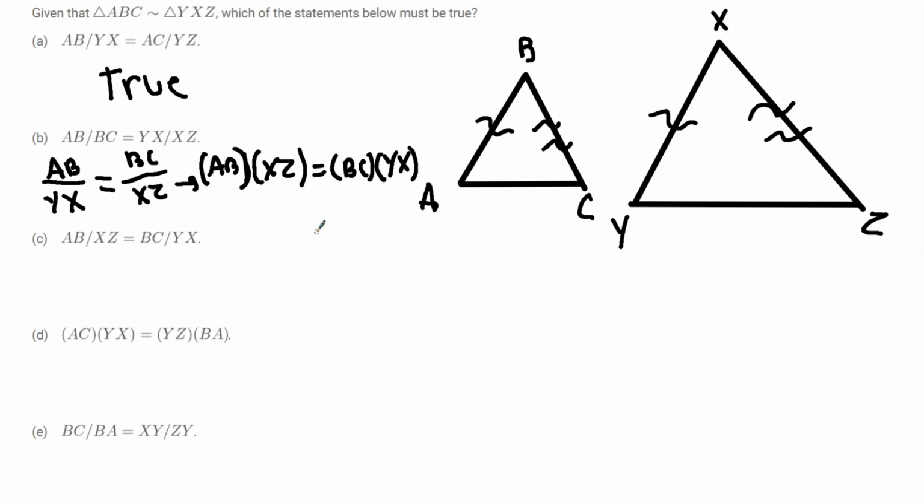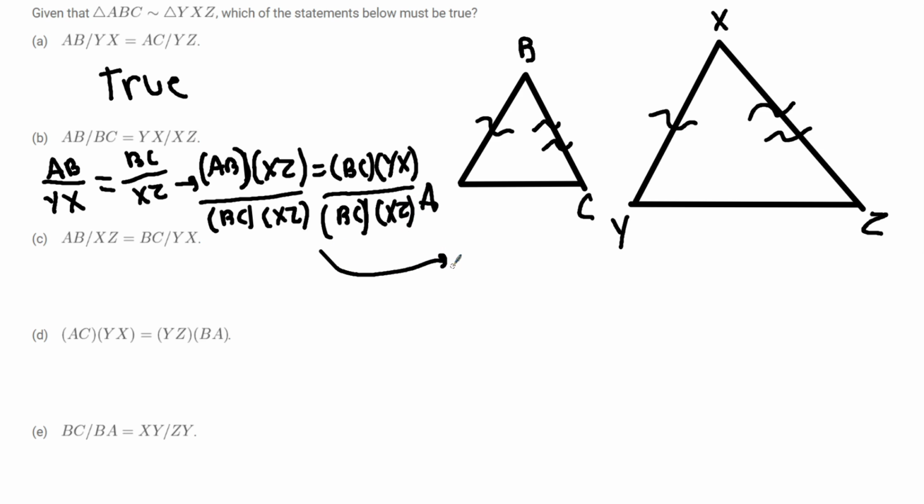And from there, if we divide one side by BC, and divide over here by BC, and at the same time we can divide over XZ on both sides, we would get the following ratio.